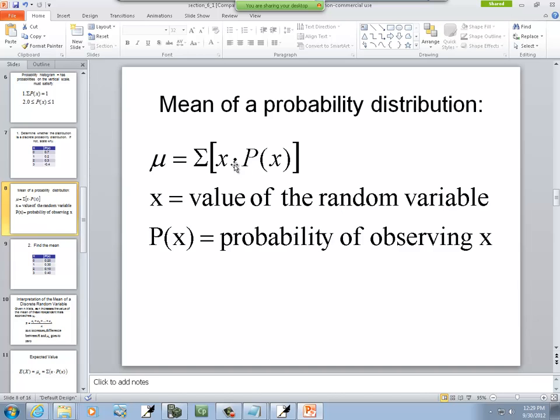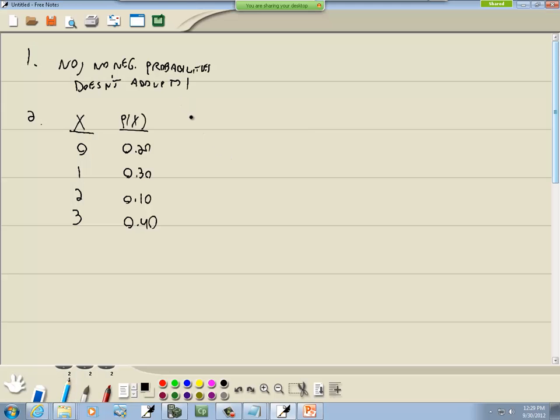Now our formula here, we got x times p of x. So I want to create a new column where I multiply x times p of x. 0 times 0.20 gives us 0. 1 times 0.30 gives us 0.30. 2 times 0.10 gives us 0.20.